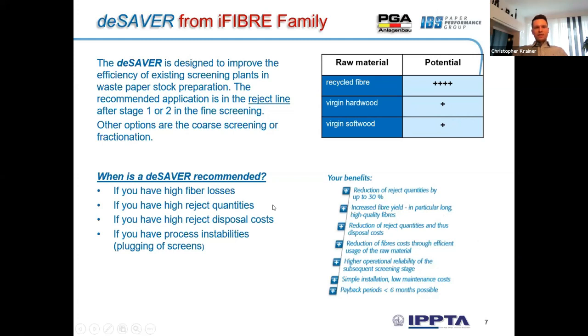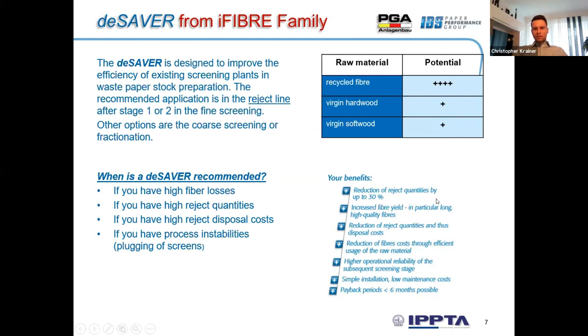When is a desaver recommended? If you have high fiber losses, if you have high reject quantities, if you have high reject disposal costs, if you have process instabilities, plugging of screens, for example. And what are your benefits?